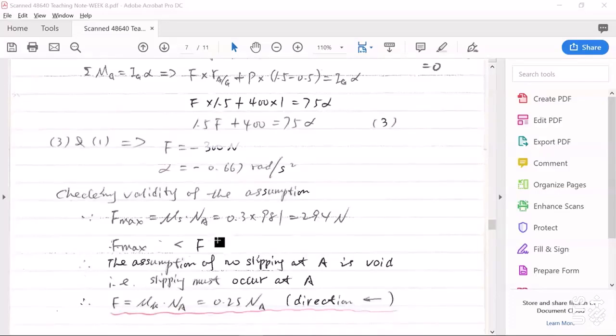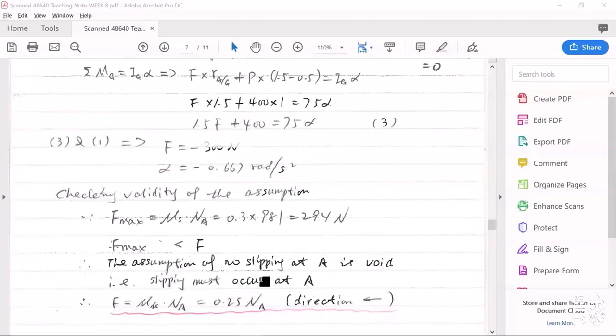So this means the assumption of no slipping at point A is void. And this means the assumption of a rotation about a fixed axis through the endpoint A is void.